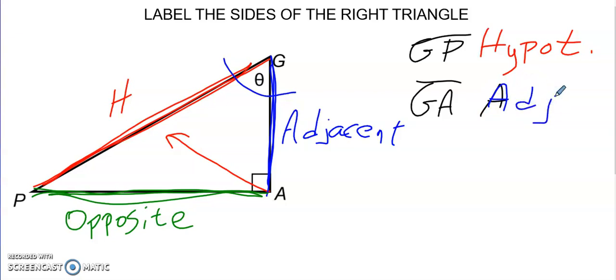And our last side, PA or AP, is what we call the opposite side. You need to get these side names down, and we're going to go over one or two in class tomorrow, so we can do our trig functions in a later lesson.